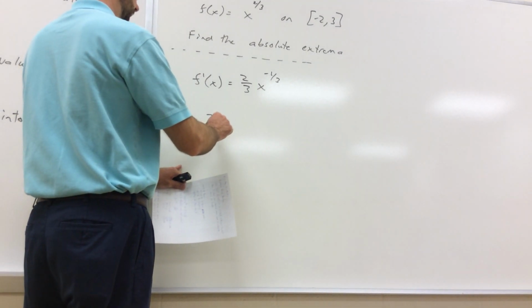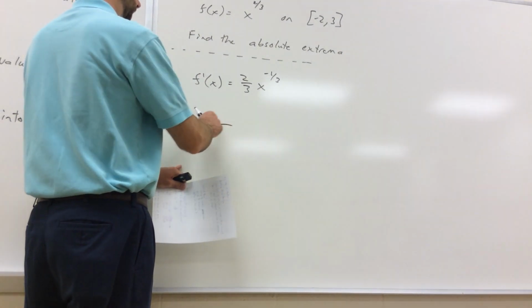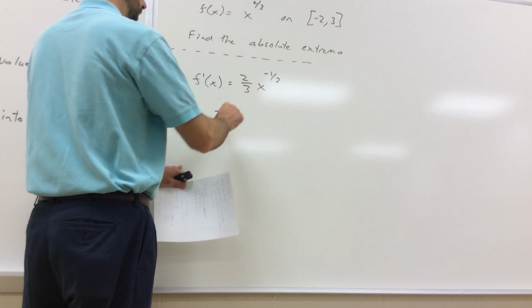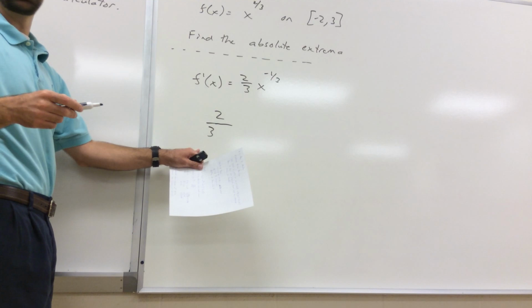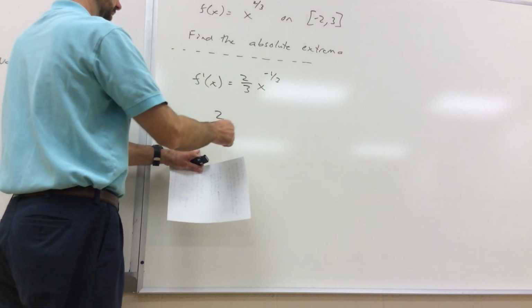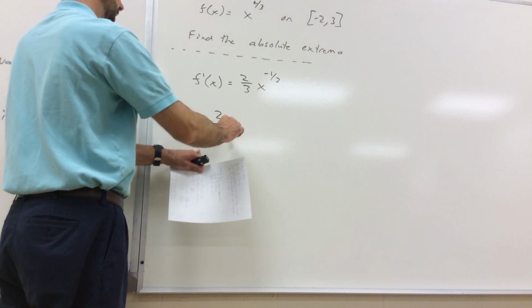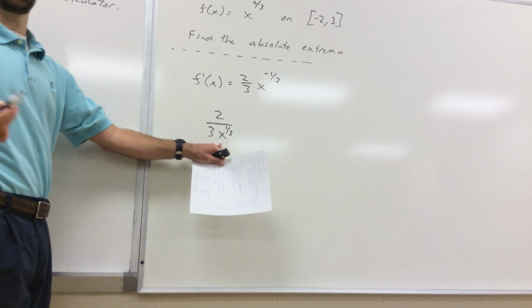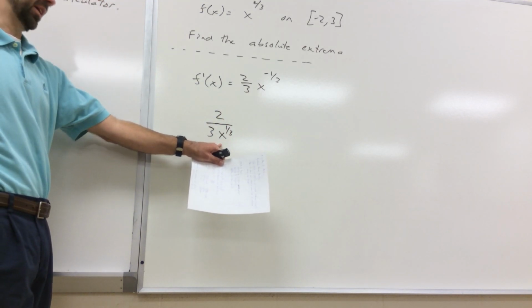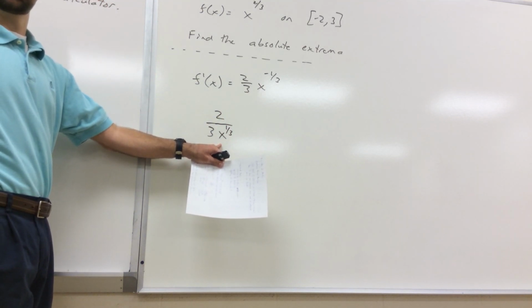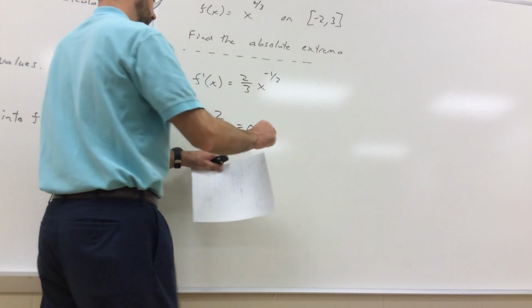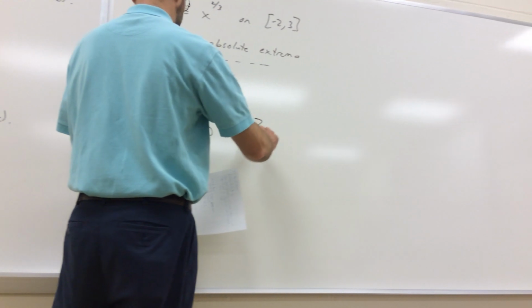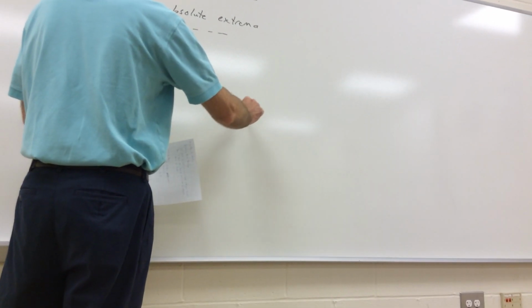And while I'm doing that, I'm going to rewrite it. The 3 is on the bottom because it's 2/3. And then the x to the -1/3 I could put on the bottom and make it +1/3. So that's what a negative power means. So there's the derivative, and we're going to set that equal to 0 and also equal to undefined.